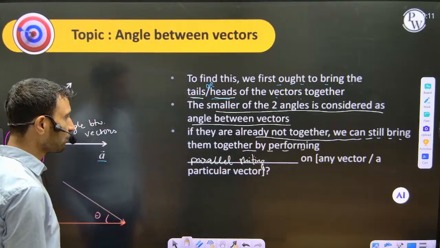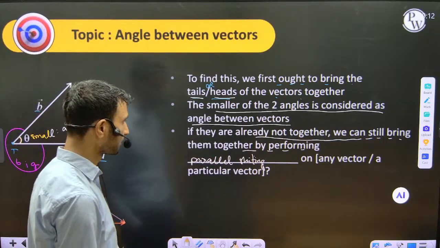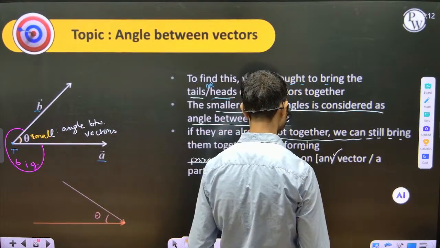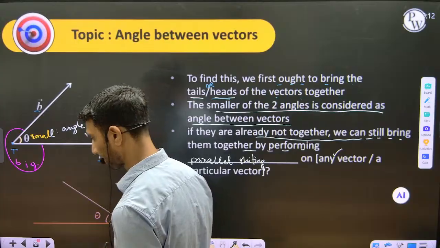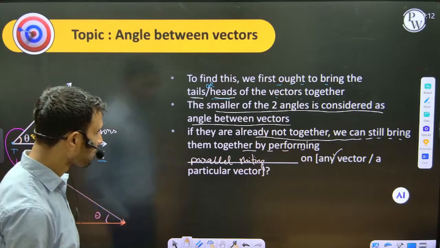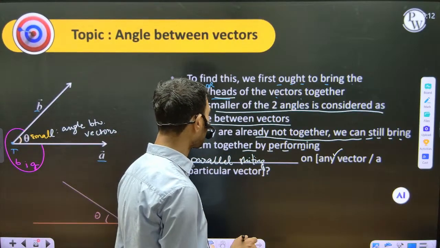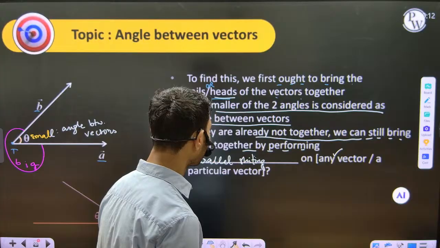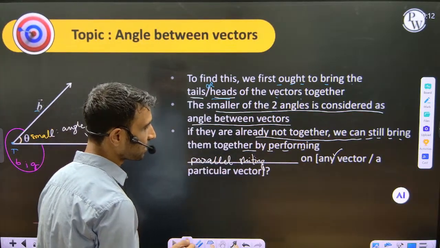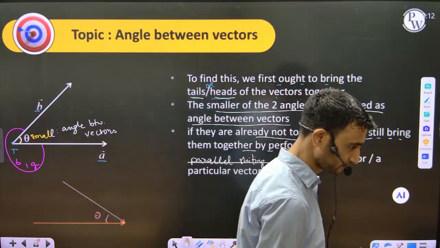On any particular vector? On any vector. You have to perform parallel shifting on any vector, right? If you perform parallel shifting on any vector, you can bring them together. And parallel shifting, you know what is parallel shifting?